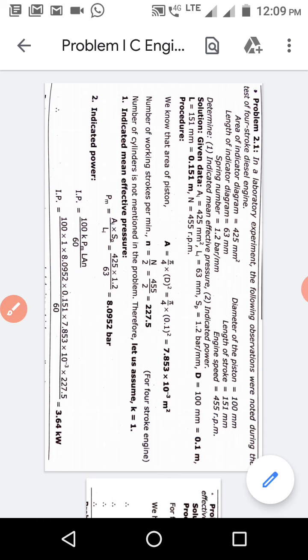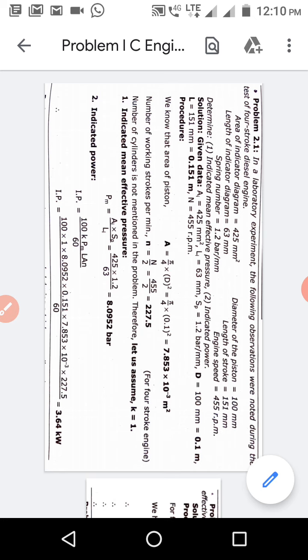Student, this problem is related to the indicator diagram, and whenever we have the data related to the indicator diagram, we can easily calculate the mean effective pressure. After calculating it, you can calculate the indicated power for that engine.